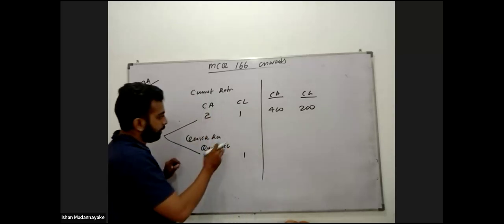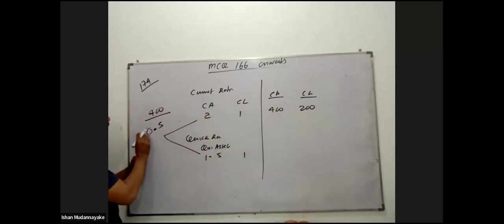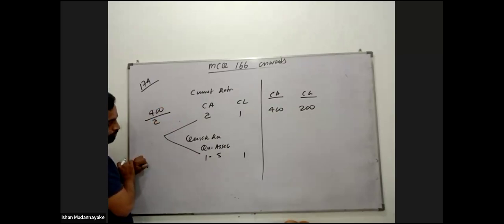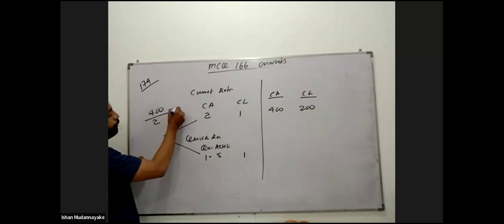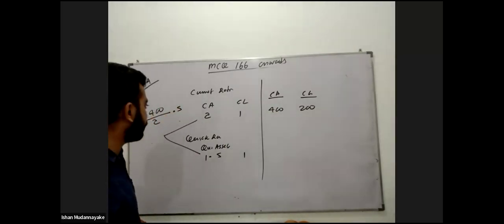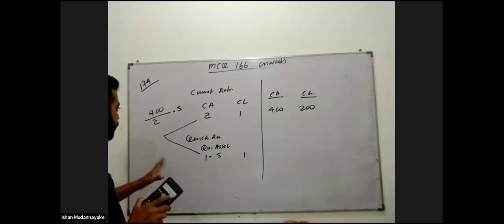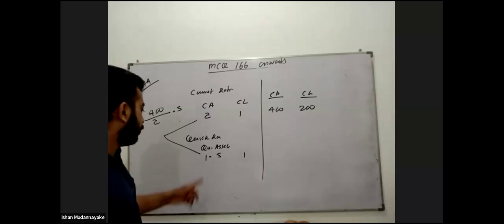If current assets are 400, 400 divided by 2 is 200, into 0.5 means 100. So stocks and prepayments are 100.